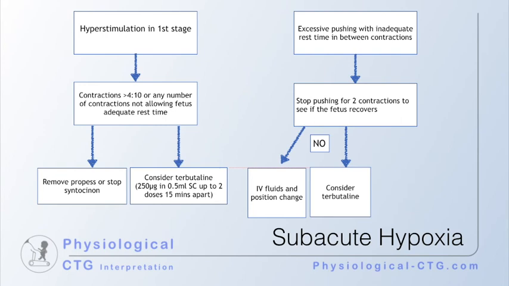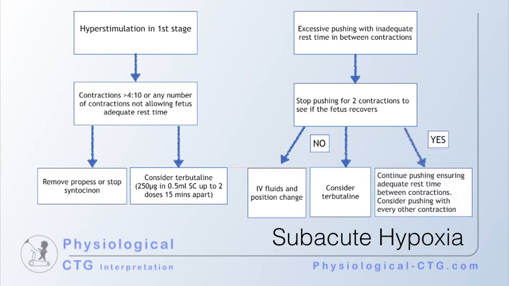If the subacute hypoxia is still not improving, it's at this point we should consider expediting delivery. If the hypoxia improves, we can continue pushing as long as there is adequate rest time between contractions. If necessary, you can consider pushing with every other contraction or allowing occasional breaks.